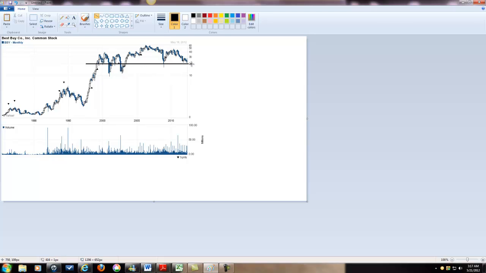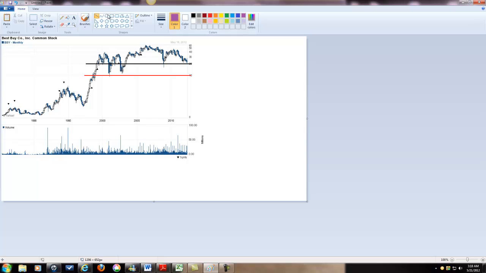Alright, so there's 20. Now as you can see, we're on the verge of breaking down. I call it single digits, but let's target a move to 10. This is where I think the stock could go, which is why we looked at September options. Yeah, that's the 10 level.